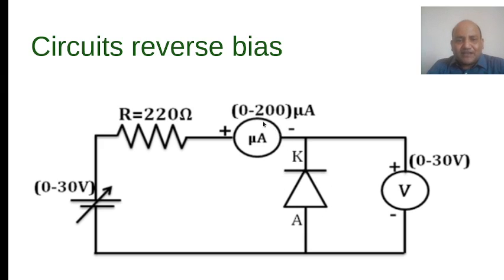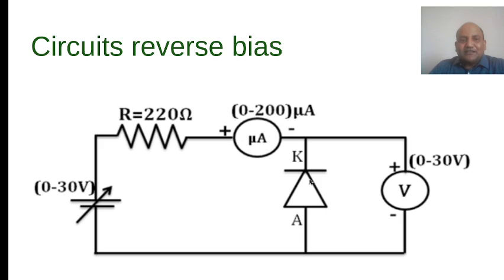In reverse bias, however much you increase the voltage, the magnitude of the current is very small. Because of that, you are considering the microampere range.